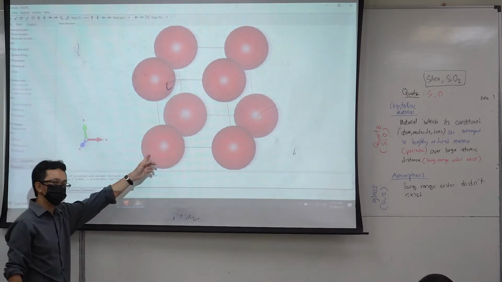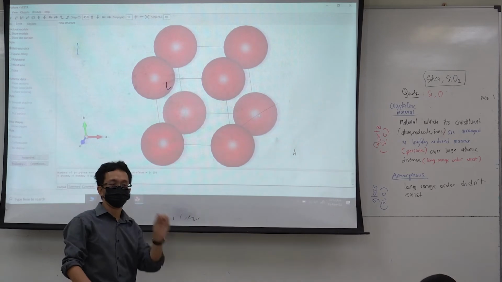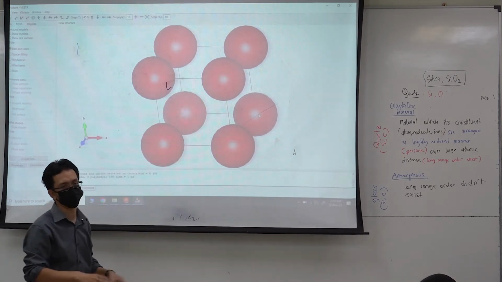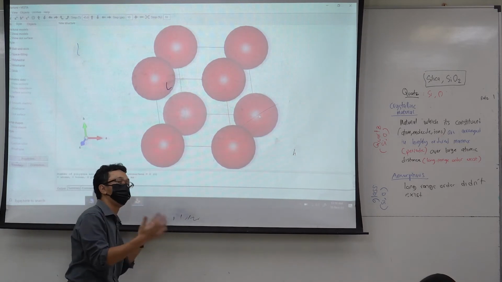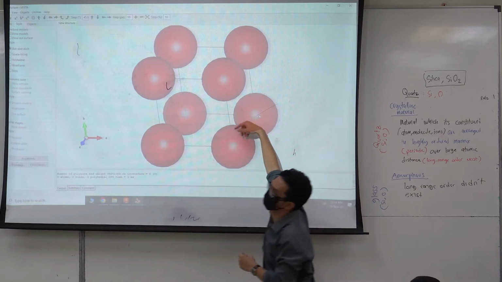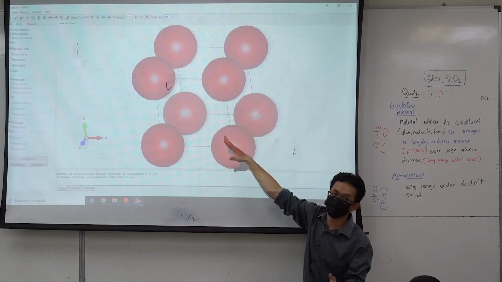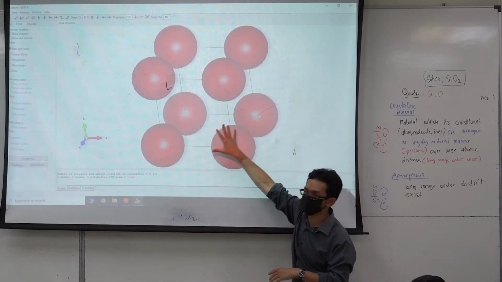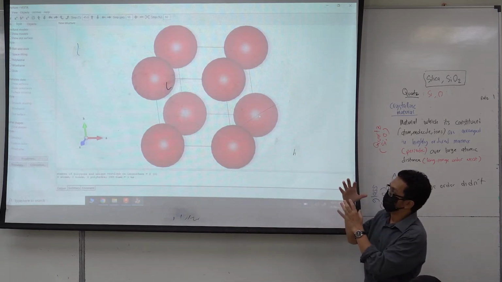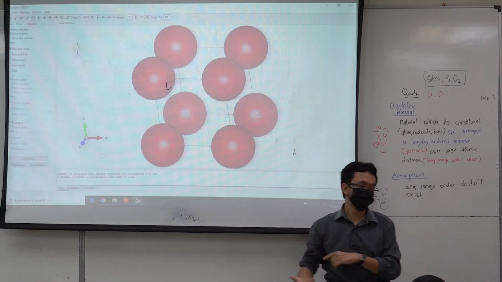But here, just now, if you look at how I did, I just put the O, oxygen, and then it gives 4. So it's more focused on crystalline material because this is one of the unit cells of a crystal. I will talk about unit cell later on, but just to show you that this software is your way to learn in 3 dimensions.